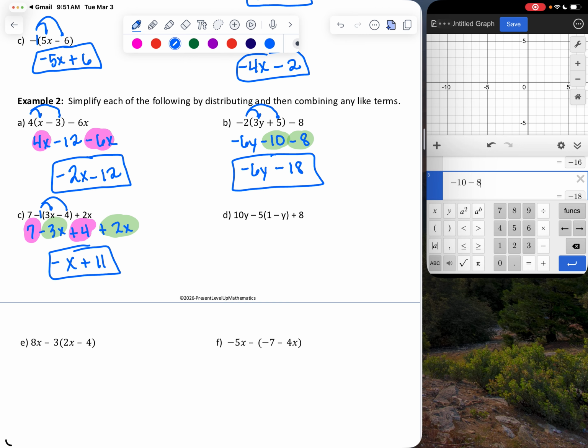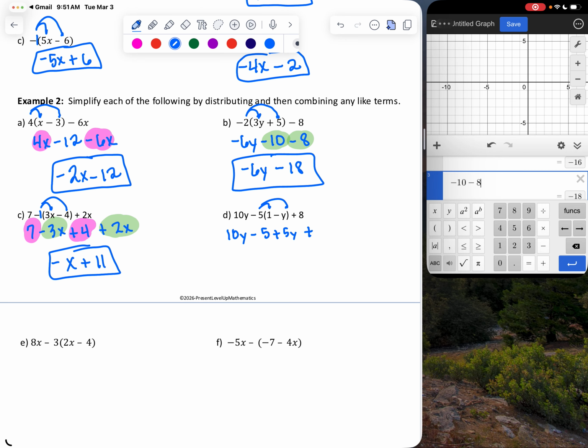All right, pause the video and try problem D on your own. All right, welcome back. Let's see how you did. All right, I dropped down the 10y. I multiplied everything in my parenthesis by negative 5 and got negative 5. And negative 5 times negative y was positive 5y. Hopefully you were careful on your sign there.